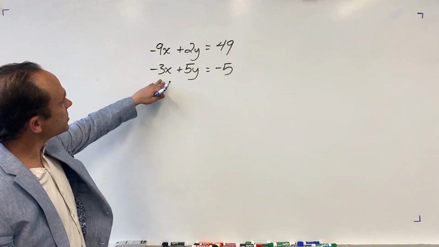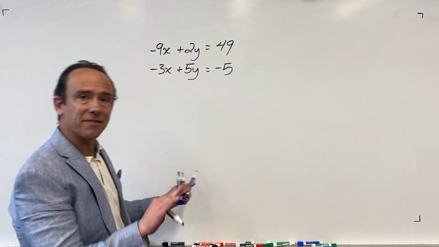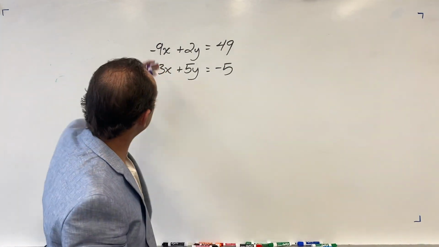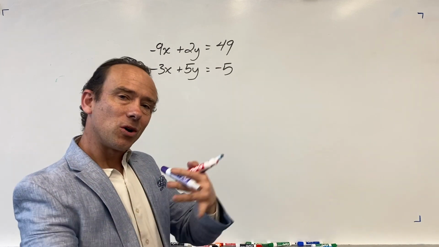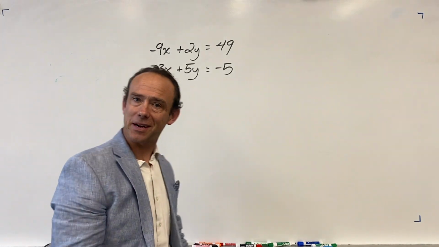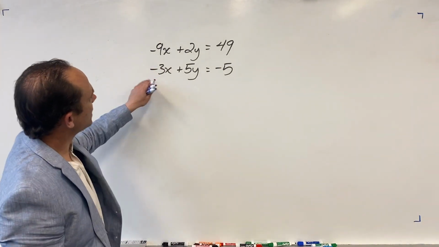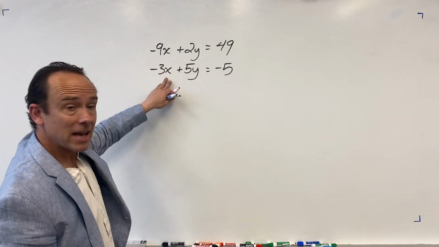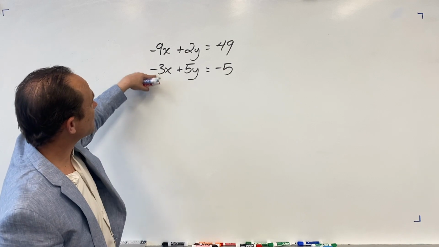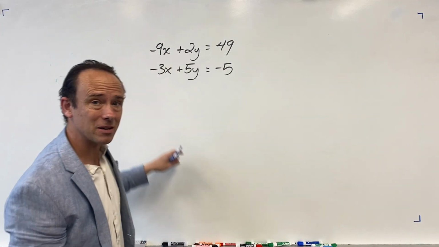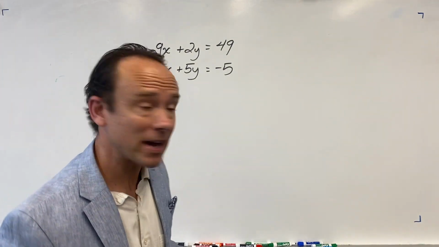So now what I'm going to do is think to myself, okay, I actually have to use multiplication to scale one of these values so that they're either the same or that perfect opposite, right? So I look at the x's and I see that this one, if I multiply by 3, that's going to set up the same value on the top and bottom, which means I'll be able to subtract.